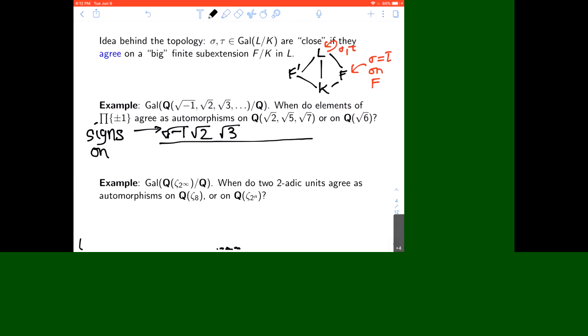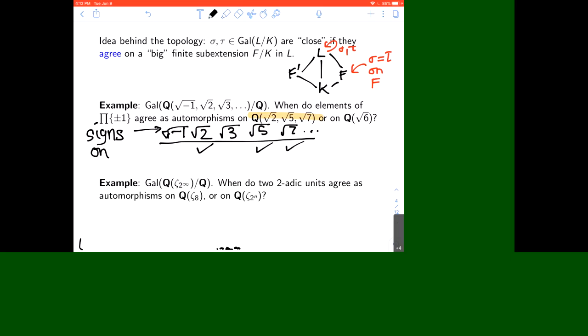Okay. So all right. If I wanted to say two elements agree on that field, then what I have to do is tell you what happens on root 2, what happens on root 5, and what happens on root 7.